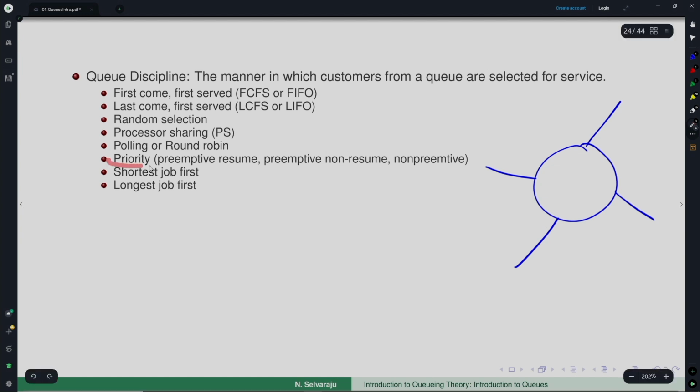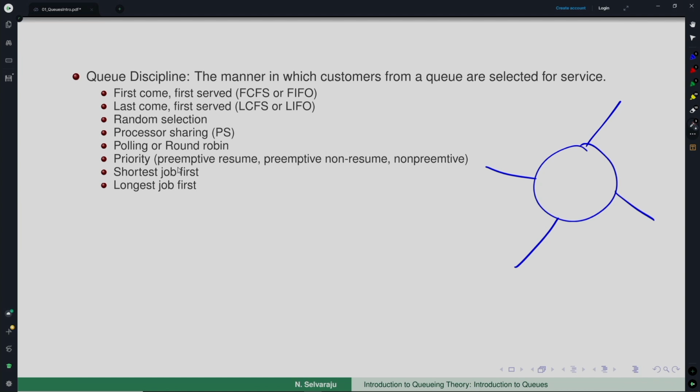And then you have priority, right. There could be different classes of customers. Again, in the service arrival pattern, we could have said that there could be different classes of customers requiring different kinds of service. Based upon that, that basically imposes, in some sense, priority.